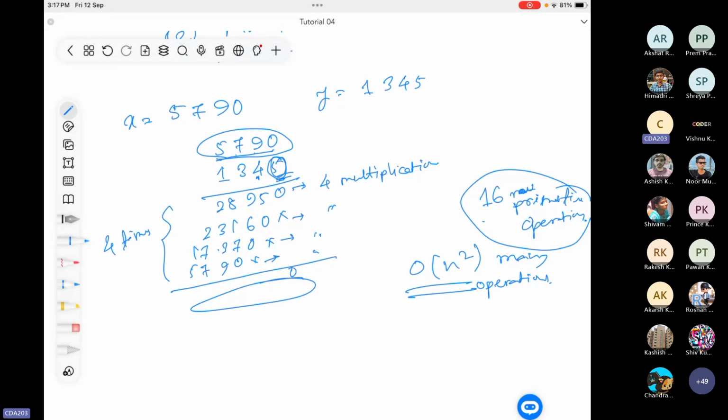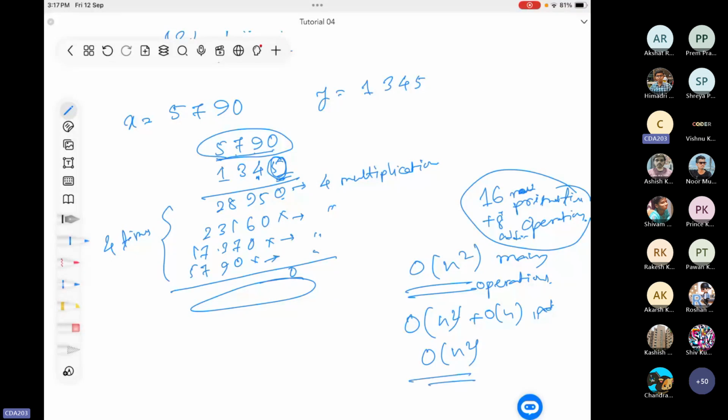So there are something like 8 additions, which is basically some order n additions. So in this operation, it's order n square plus order n. So the total number of operations is like this. But since you know that in order notation, order n square is the dominating part, we can think of this as order n square operations.